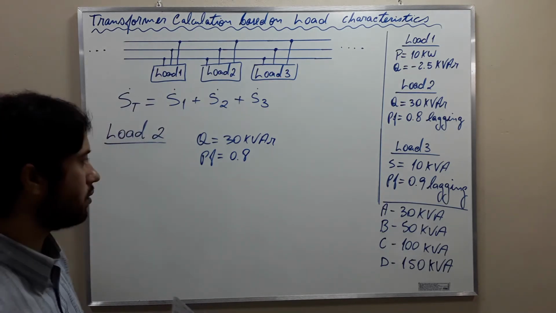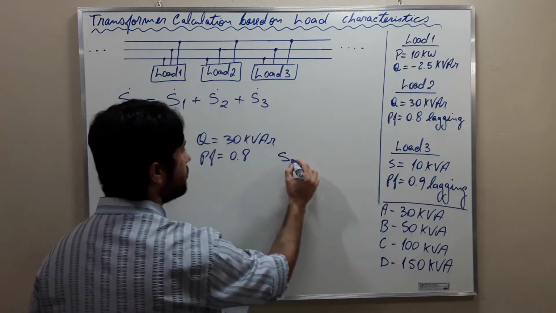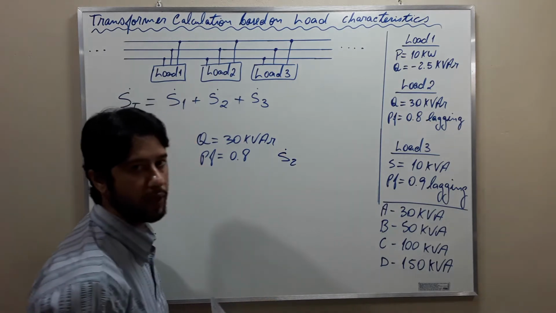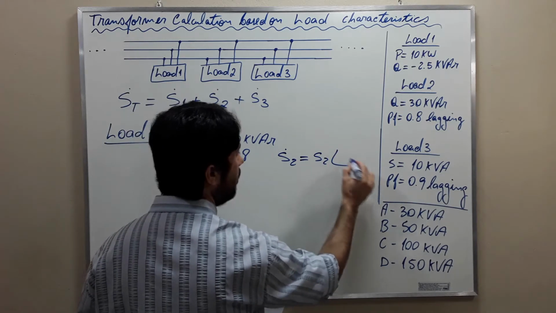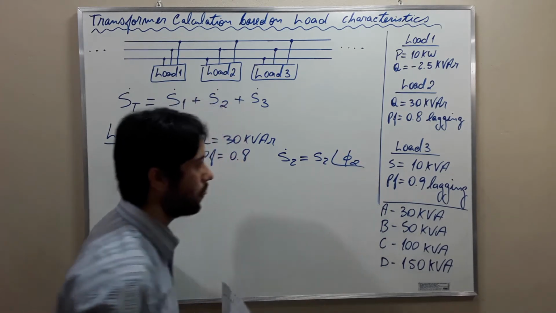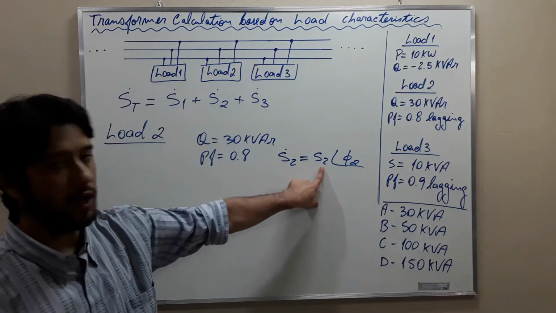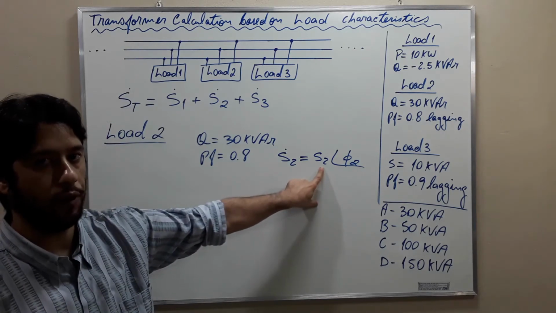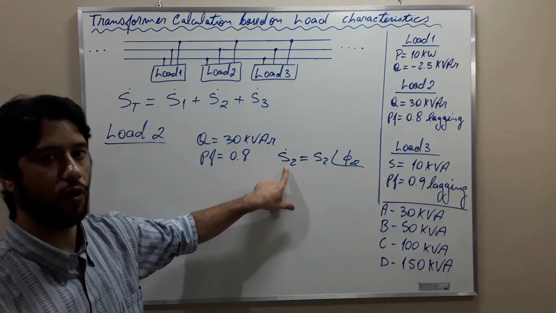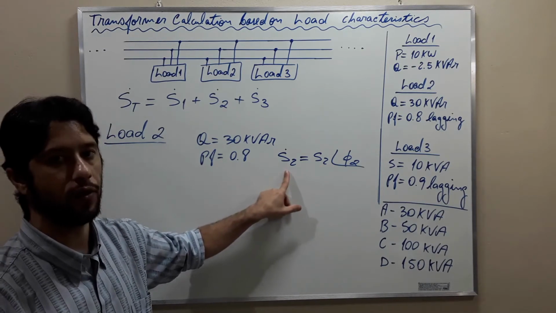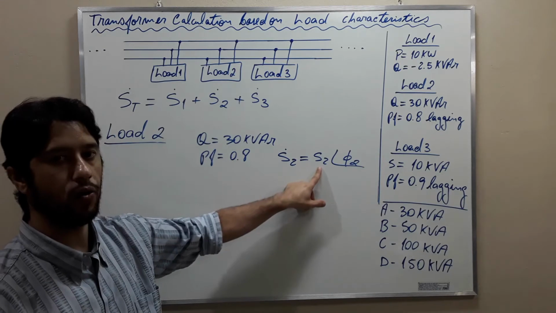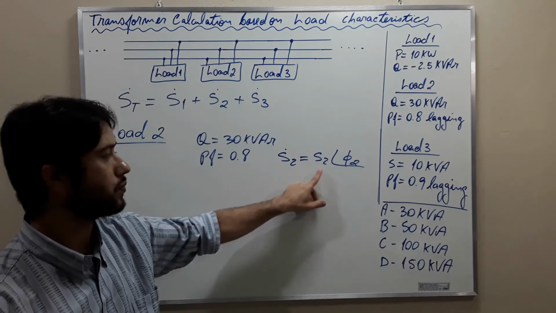Okay, what we want is S2, the complex power, and S2 here, phase phi 2. This is the apparent power, and this is the complex power. The apparent power is the magnitude of the complex power. How do we calculate the apparent power? Let's do it.